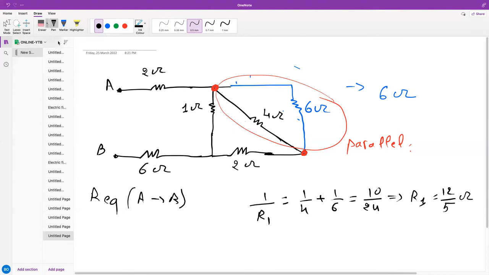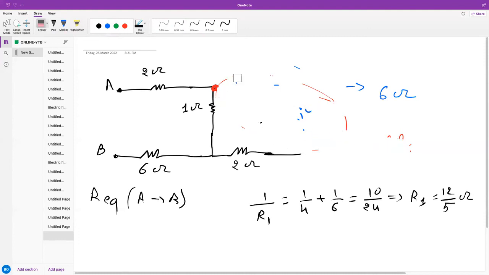Then I can just replace this whole circuit by the new equivalent resistor, which is now 12 over 5 ohms.